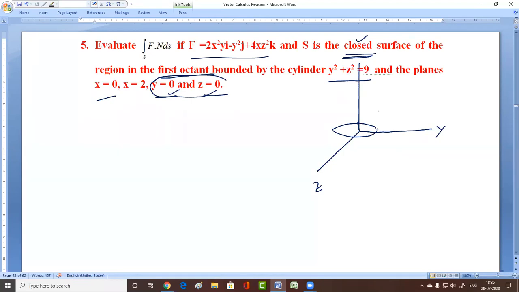If this is the x axis, x is 0 to 2. So the bottom part is x equals 0, and the top is x equals 2. Same part, but in the first octant, that means between the xy plane, yz plane, and zx plane. I will redraw the actual diagram.